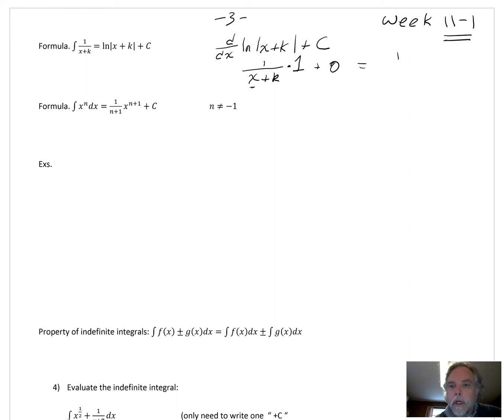So this is 1 over x plus k, which is just showing that the derivative of the right-hand side over here is the integrand, which is what an indefinite integral means. I forgot the dx there.